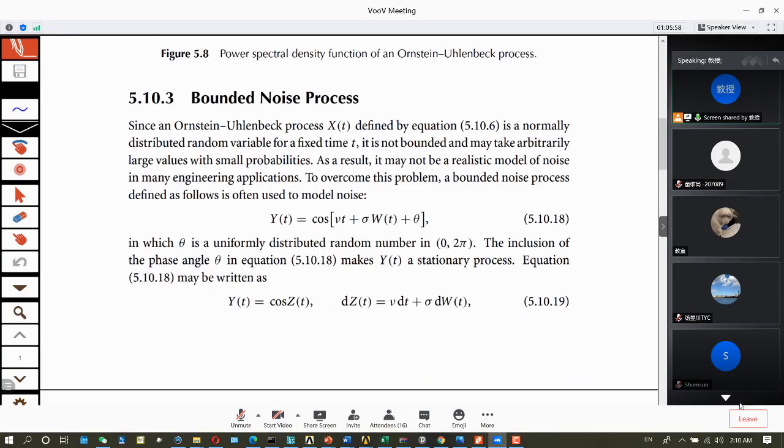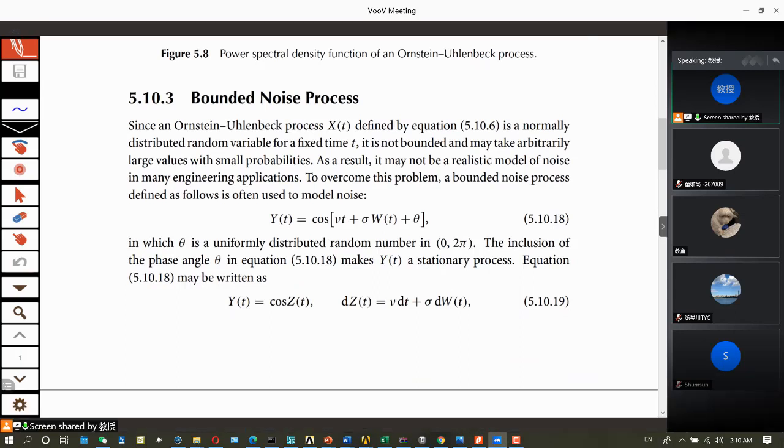The reason I go through all this is for you to be able to visualize a random process, okay? A random process is random, but in order to study a random process, we have to make some approximation. So in the frequency domain, we have a narrow band process and we have a wide band process, okay?